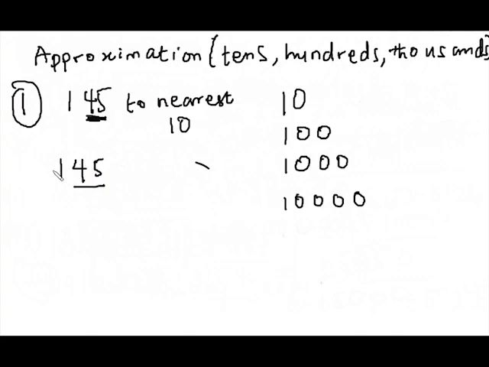The most important number is the number from the left of those two numbers. So from the left, the number we are looking at is 4. Now we are going to round up this number and add it to the number we are looking at. So rounding up 5 becomes 1, adding the ones, 4 becomes 5. So to the nearest 10, 145 is 150.